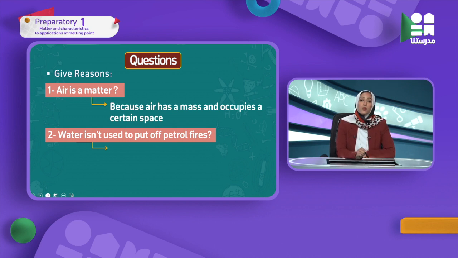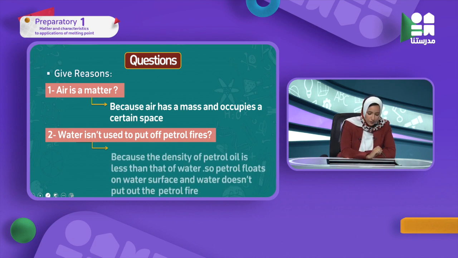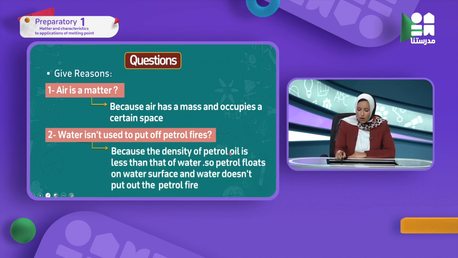Okay, let's look at the next question. It tells you water isn't used to put out petrol fires, meaning you cannot put out a fire caused by petrol using water. Why is that? Take a second to think. We just said it. Simply because the density of petrol oil is less than the density of water.